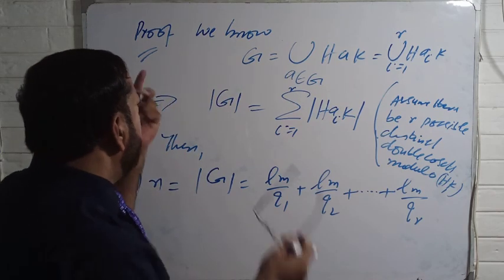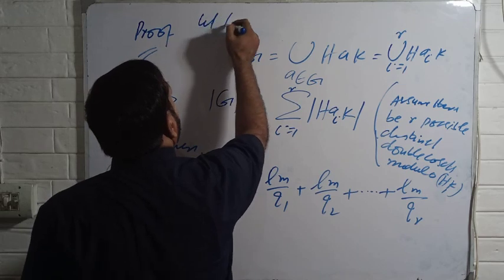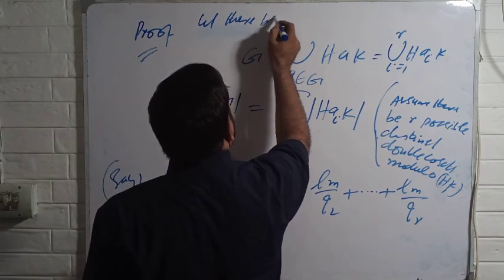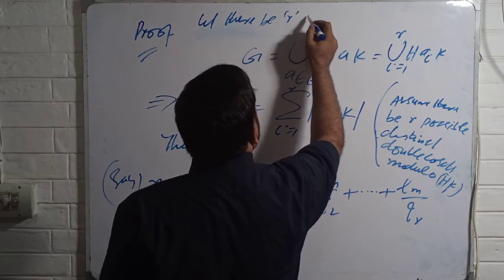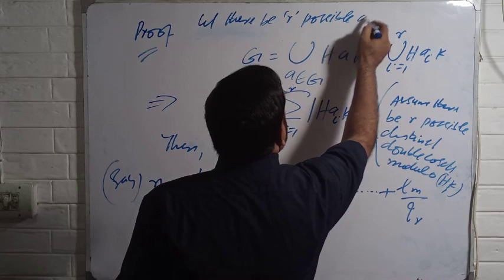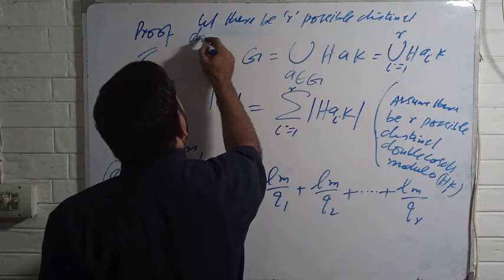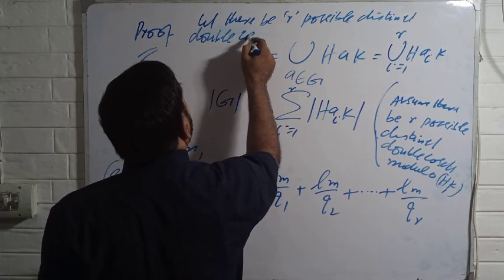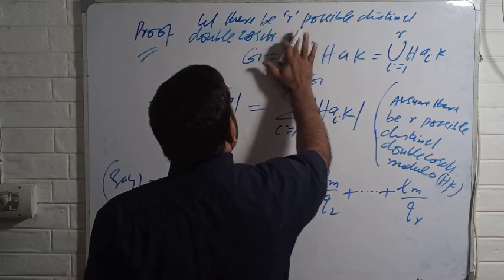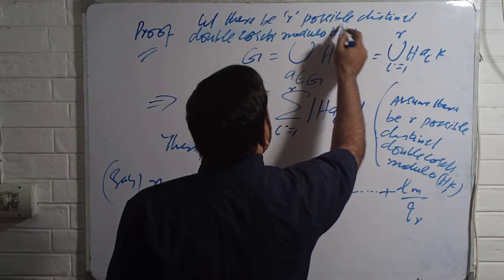Okay, and you may assume there are R possible distinct double cosets modulo HK.